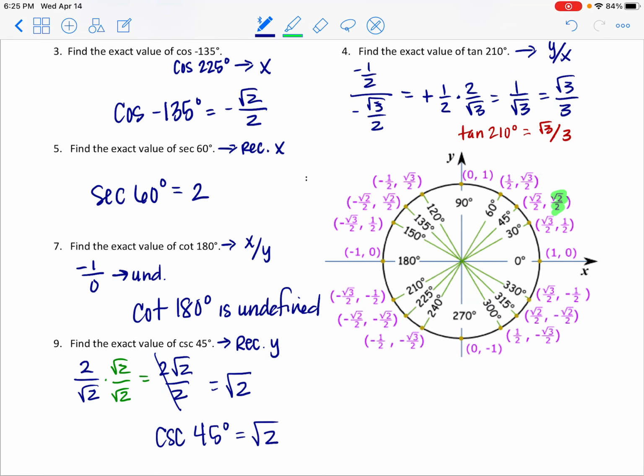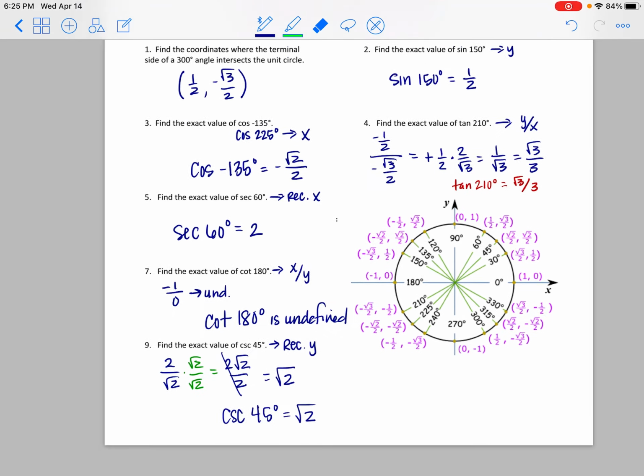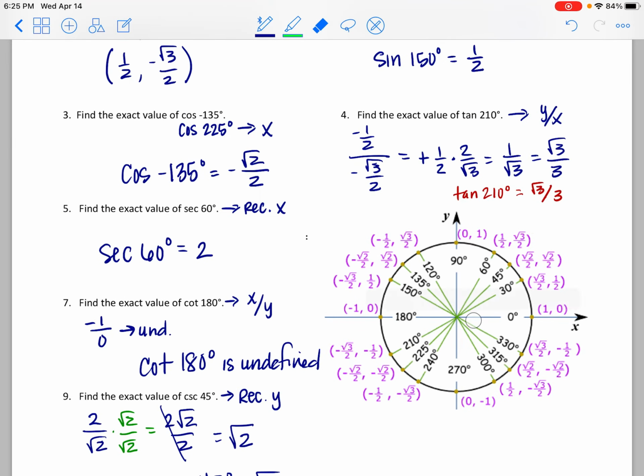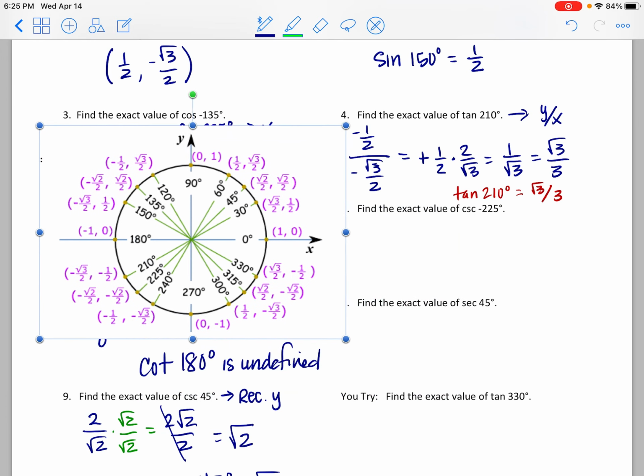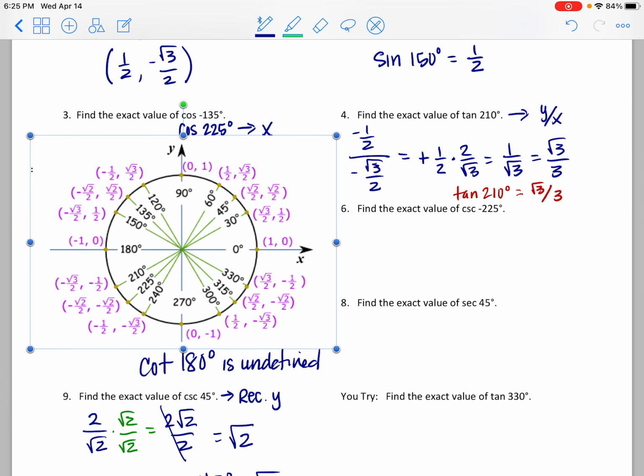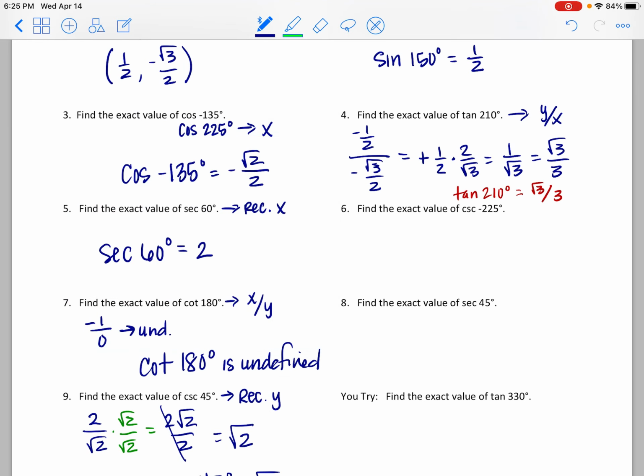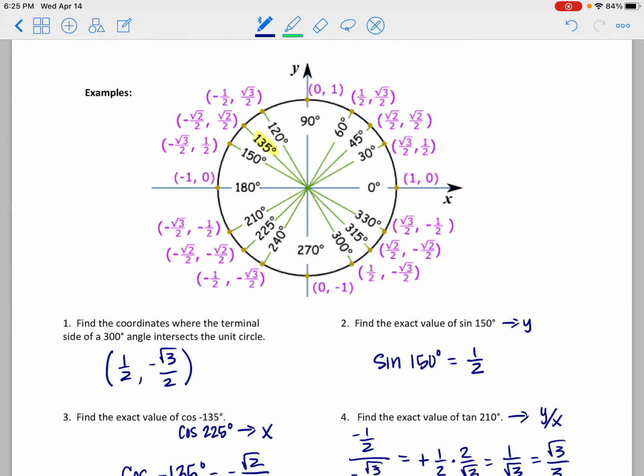Now I don't know how I'm going to get this next group without scrolling and messing up all my work. The next one is asking us for the cosecant of negative 225. I'm going to have to delete this because it's not going to work. Let's go to negative 225.